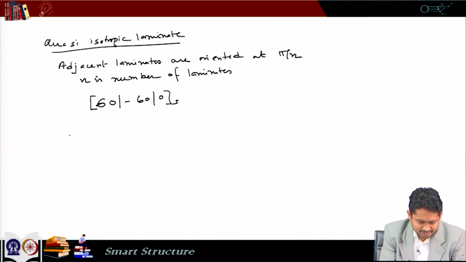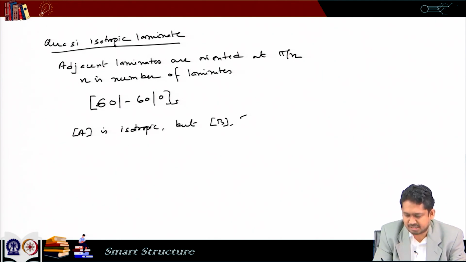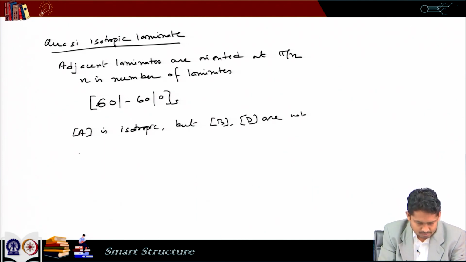Now, in these laminates, the behavior of A is of isotropic nature, but the B and D matrices are not. If we look at the A matrix, it looks like this.